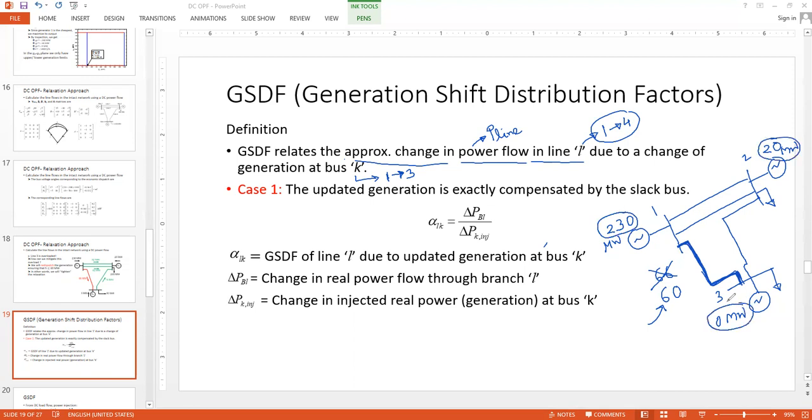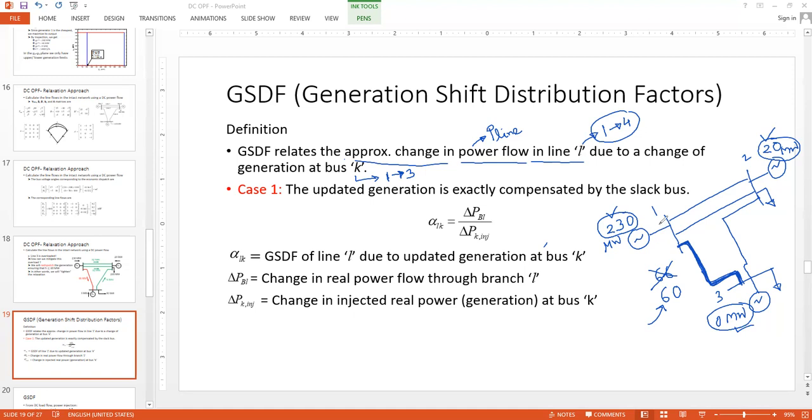And we have only 3 generating units for this problem. This relationship is known as the sensitivity we are looking for. How much flow change will occur in this line when I change generation at this bus, or at this bus, or at this bus?